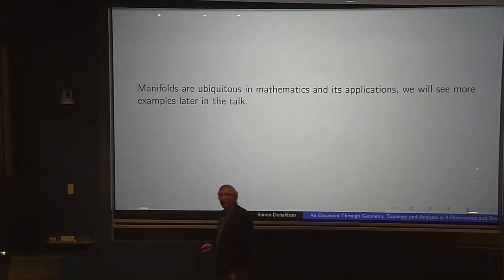But I should say, while they're ubiquitous, and with hindsight the notion is a very obvious, natural one, it took many years for this notion to really become crystallized in mathematics and formalized.